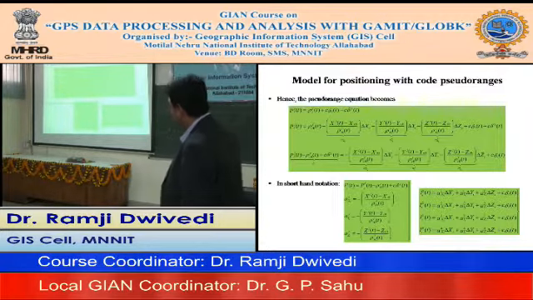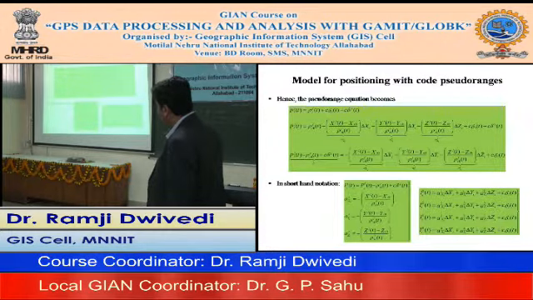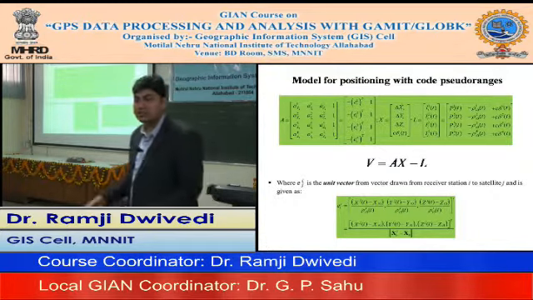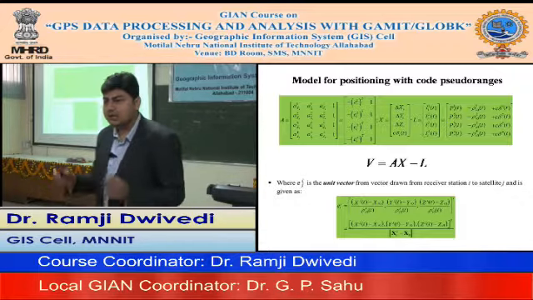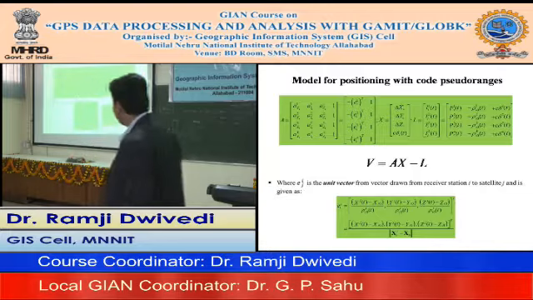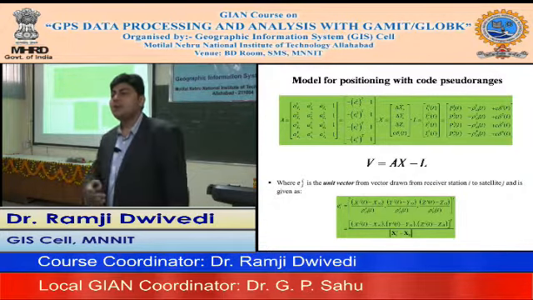Now you could see I am changing j from 1 to 4. You could see j is equal to 1, 2, 3, 4. It is actually taking similar measurements from 4 different satellites, so that you have 1 unknown, 2 unknown, 3 unknown and 4 unknown. So you have 4 unknowns.